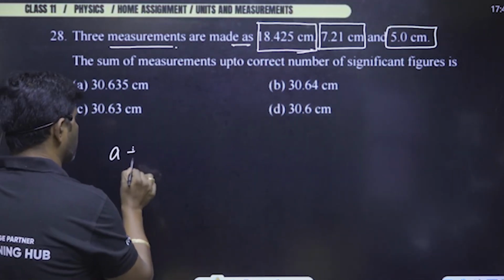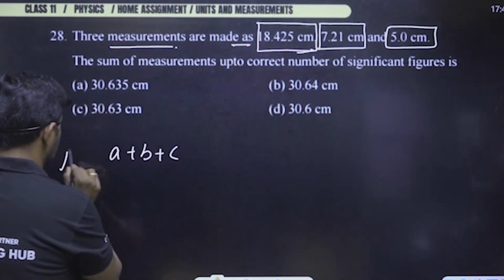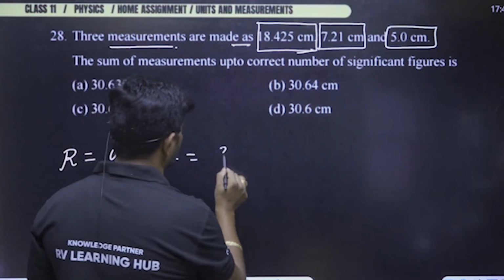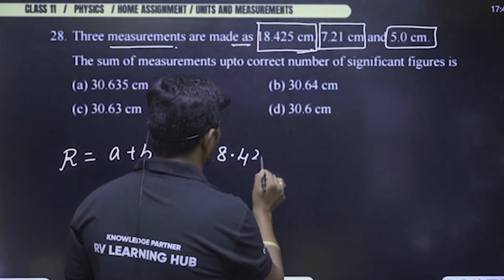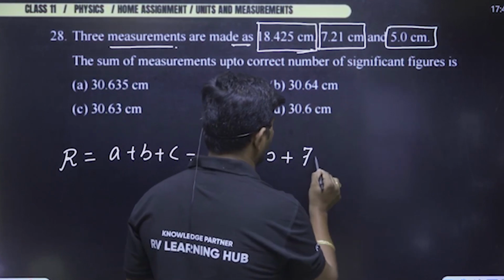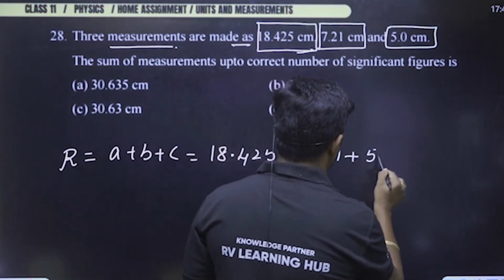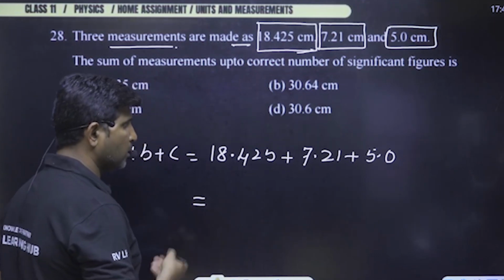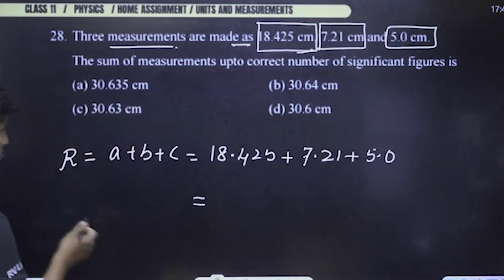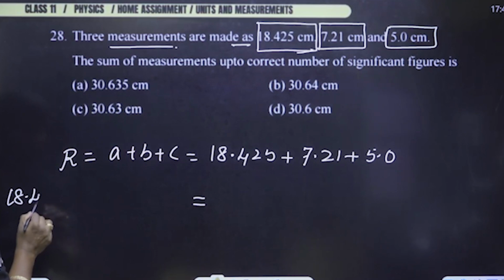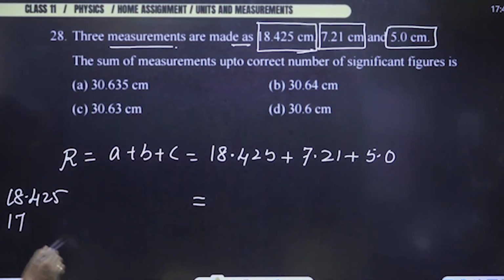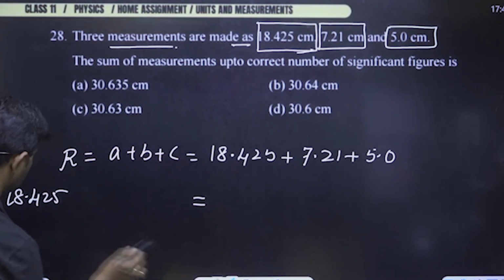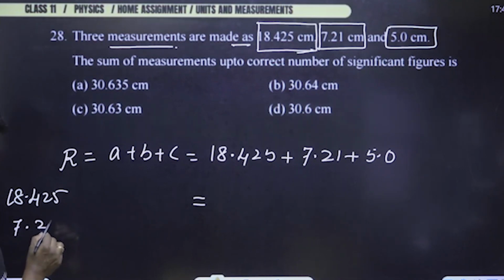So see here, a plus b plus c, let us say it is the resultant, it is equal to 18.425 plus 7.21 plus 5.0. So if you add this, what will be the answer here? So just add it, 18.425 and next one is 7.21, next one is 5.0.